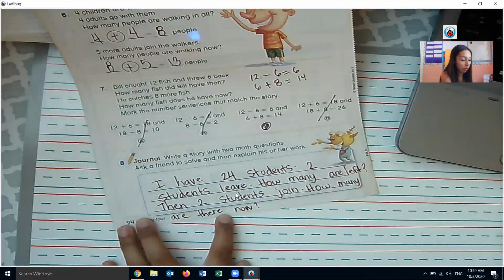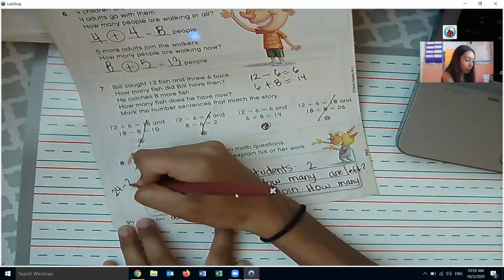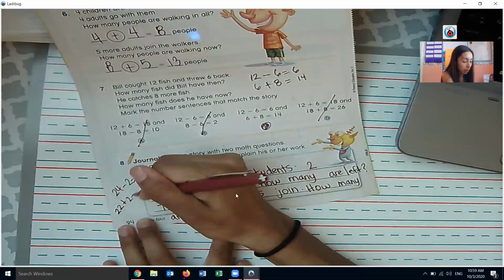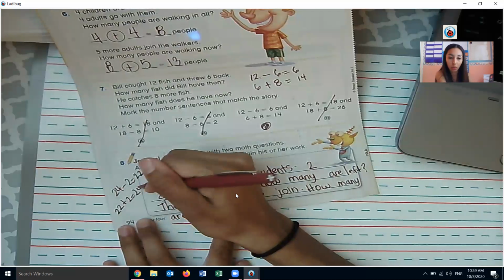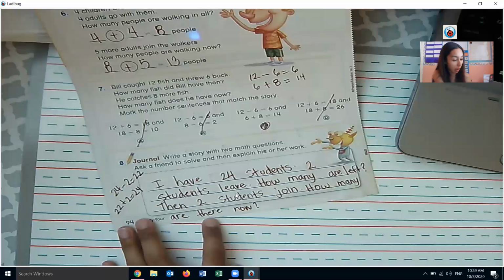So there was 24, 2 went away, so we had 22. And then we're going to start with those 22. We got 2 more, so we ended up back with 24. And of course, here you can have your own example. But if you need an idea, you're welcome to use this one.